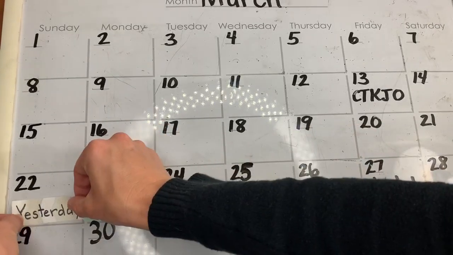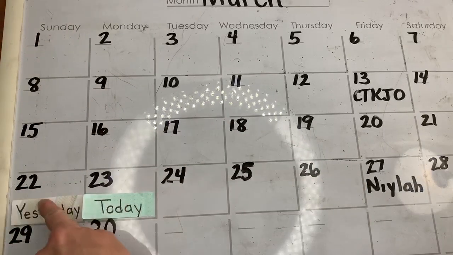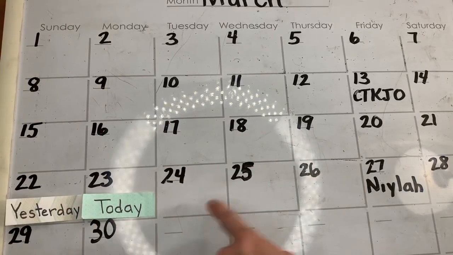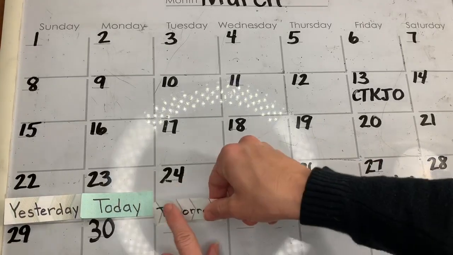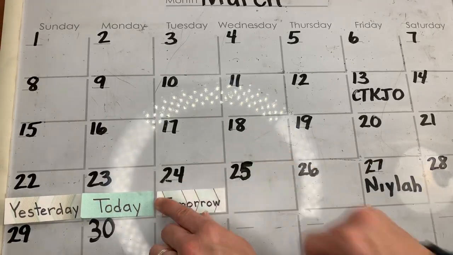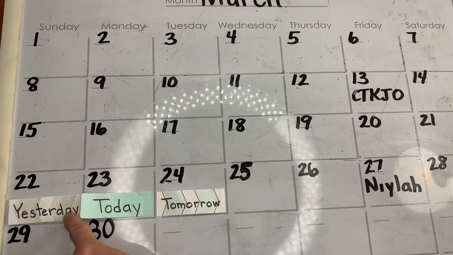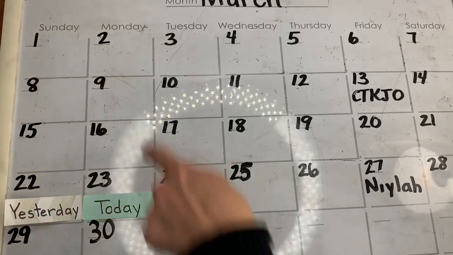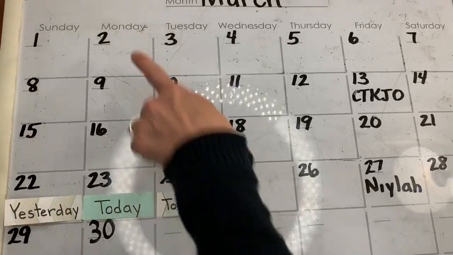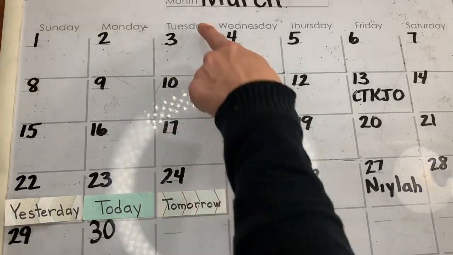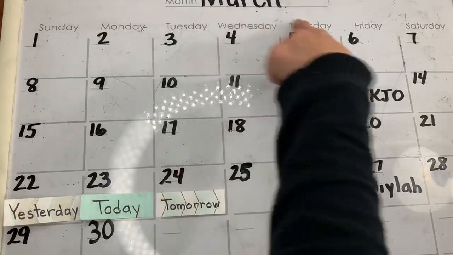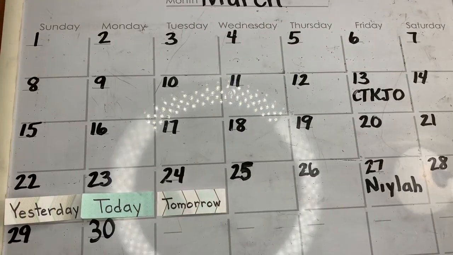That one is yesterday, has already happened. And what's coming up next? Next is tomorrow. All right, let's do it. Yesterday was Sunday, today is Monday, tomorrow will be Tuesday, the last day of March.